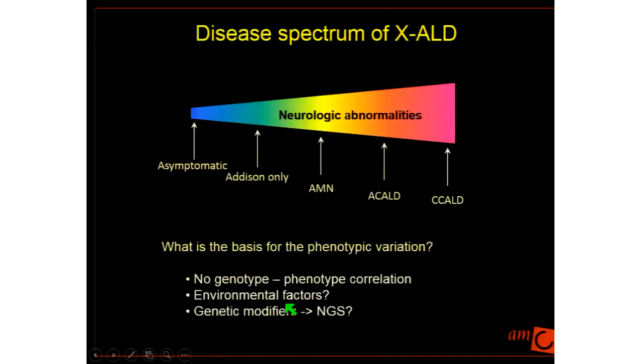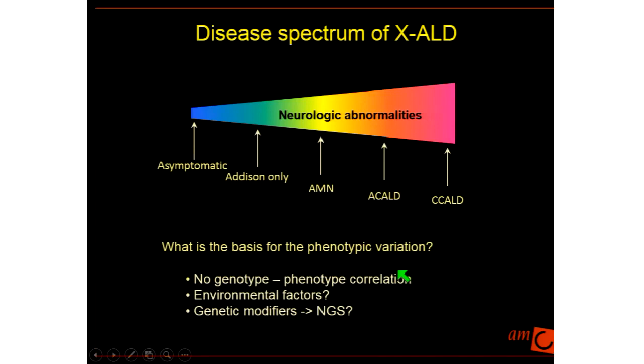And also there's another, the main peroxisomal disorder, X-linked adrenoleukodystrophy. And it's known there are several families that have exactly the same mutation, and they may have a completely different clinical presentation, ranging from asymptomatic to a very severe lethal CCALD, cerebral involvement presentation.